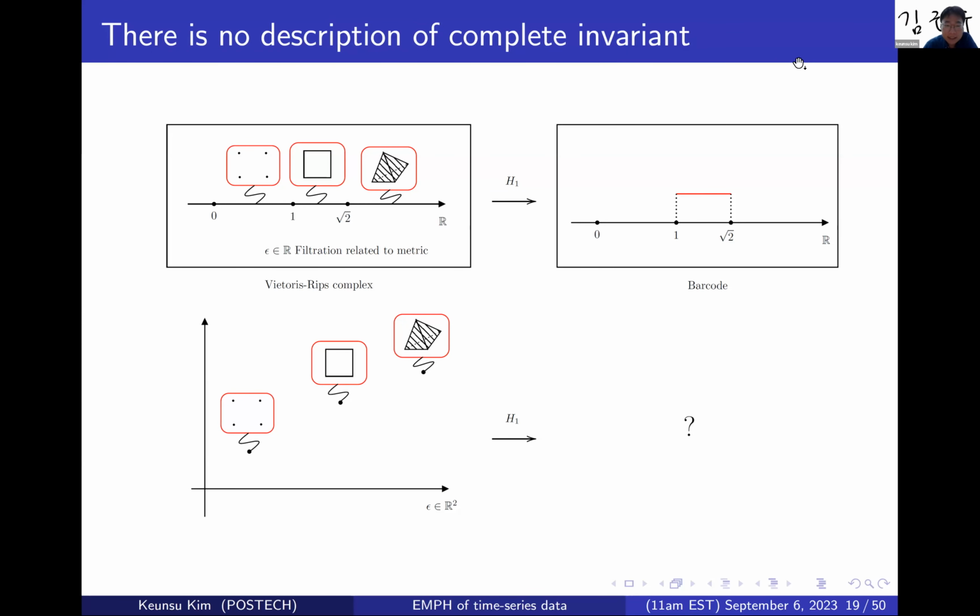Complete invariant means that if two objects have the same complete invariant, then they are isomorphic. A complete invariant is a representation of a persistent homology. For example, in single parameter persistent homology, the barcode is a complete invariant.